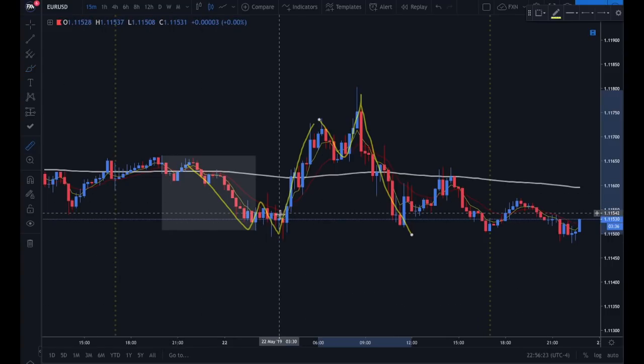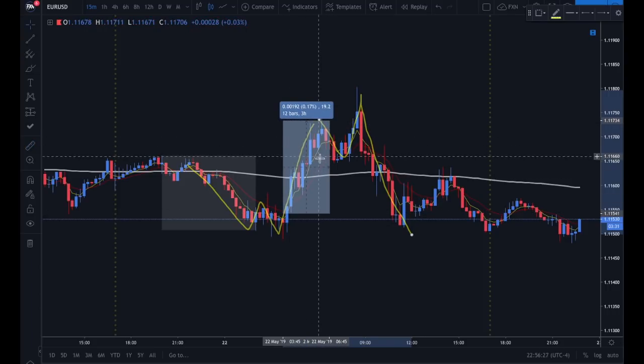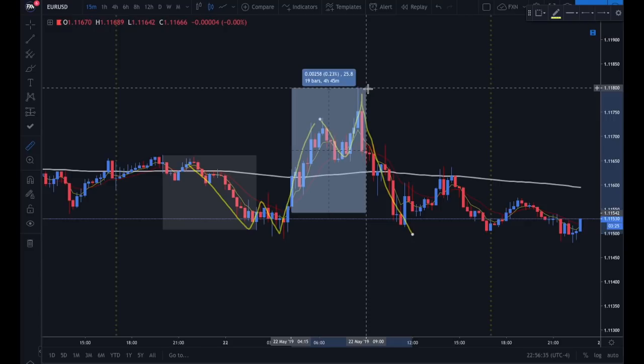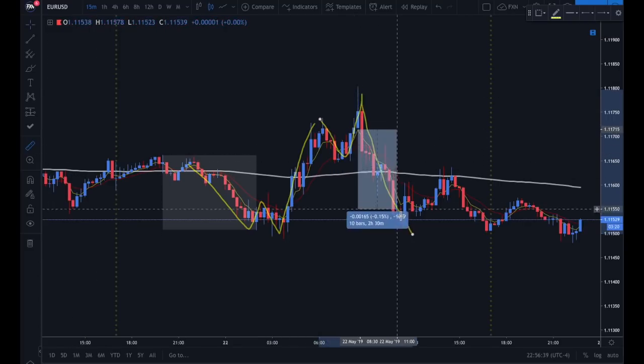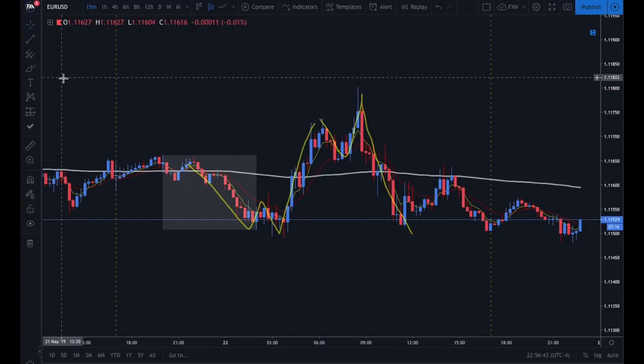This is basically giving you 20 pips up on the first leg. And if you would have gone to, let's say, the second leg, you're looking at 25 pips. And then on the way down, that's another 20 pips right there. So anywhere from 40 to 45 pips on one pair.